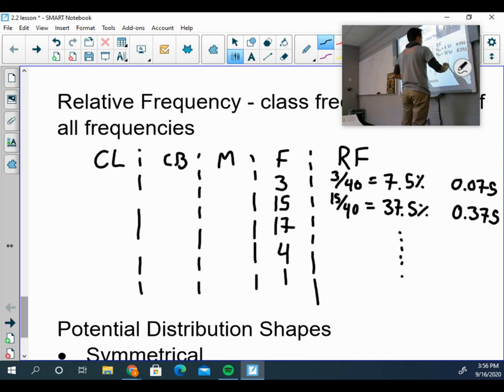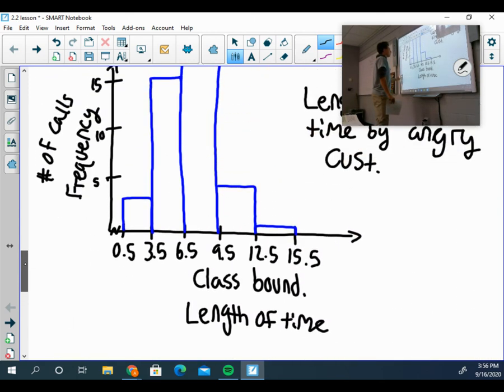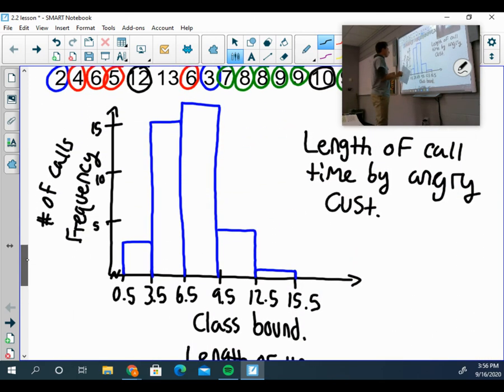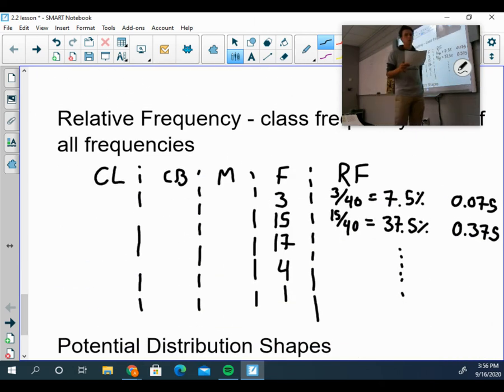And so on and so forth. Again, just an optional way of conveying the data if we wanted to put it as percentages as opposed to just frequencies. So if you ever hear of a relative frequency histogram, on the y-axis, instead of just the frequency numbers, you'll have percentages that come from the relative frequency.